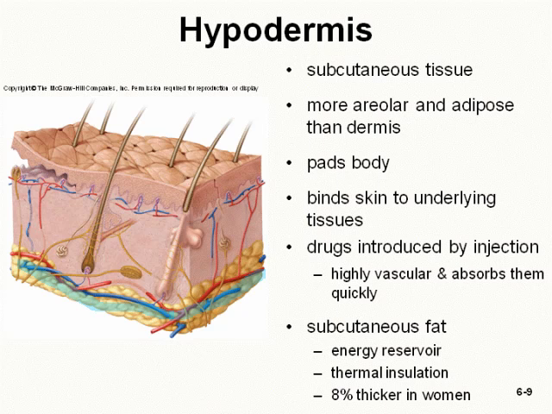Again, areolar tissue, adipose tissue, mainly adipose tissue down there, provides a padding for the skin. Drugs are introduced into this area through the injections. You can see it's highly vascularized, so the drugs have a good chance of being picked up and absorbed by the arteries and the veins in that area and distributed throughout the body. Thermal insulation.